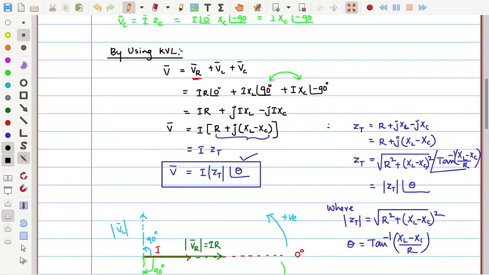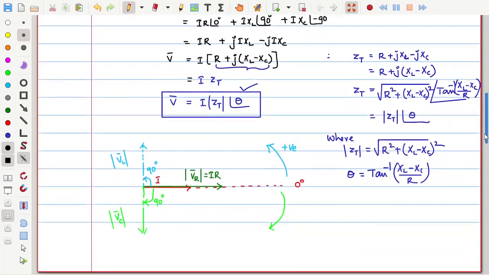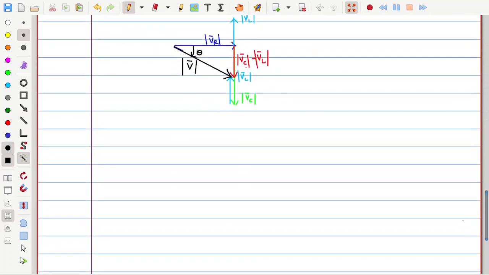And let me give you one more point. Just observe here the impedance of this RLC circuit is R plus j(XL minus XC), which can be expressed in polar form as mod ZT at an angle of theta, where this impedance has some angle.